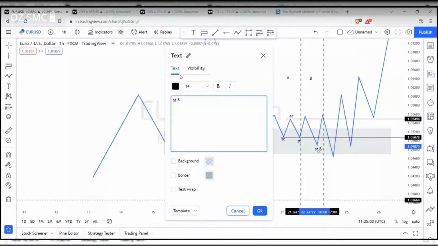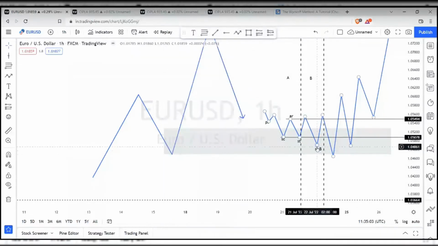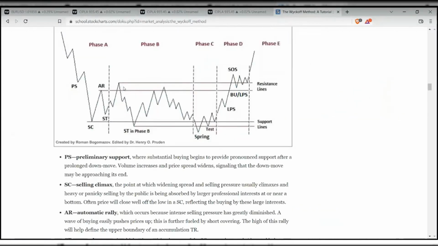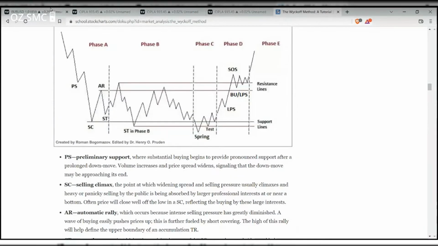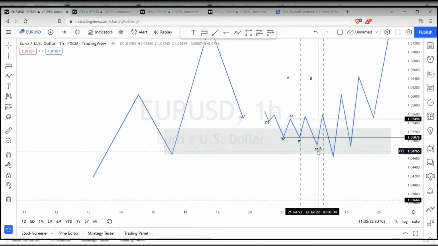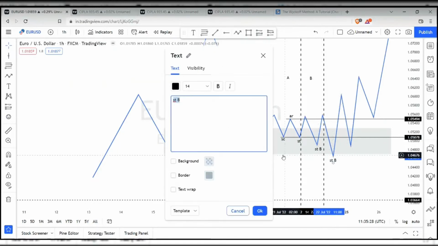So now you are not only going to see just three moves like this, as shown in this picture. There can be many moves like this. Okay, it does not matter. What matters is where you get those points. After STB, the next move has to liquidate all of this, and that's where we call spring.